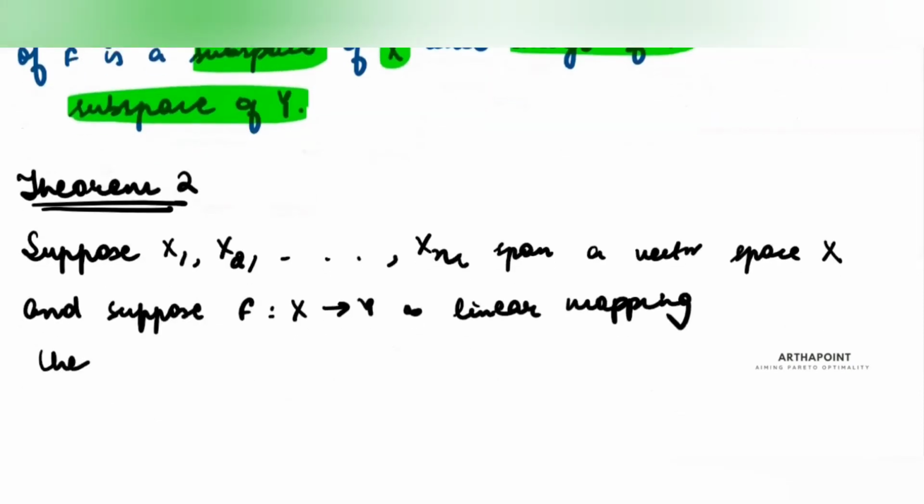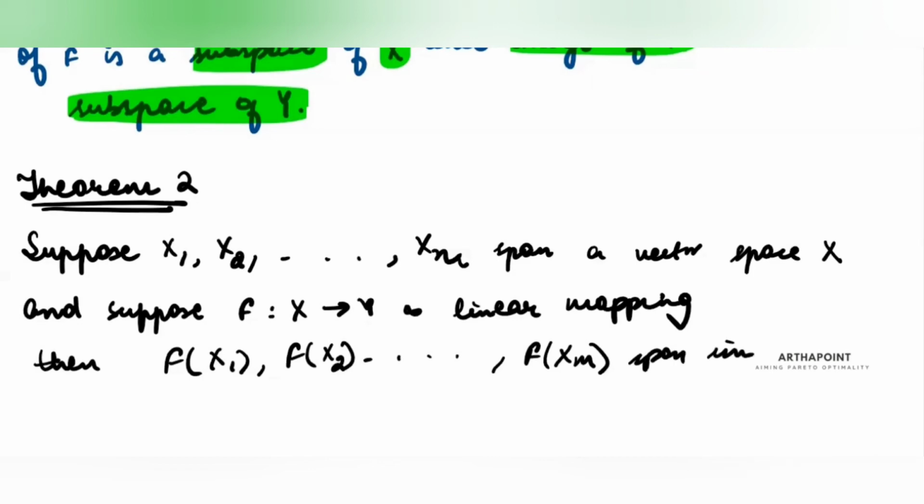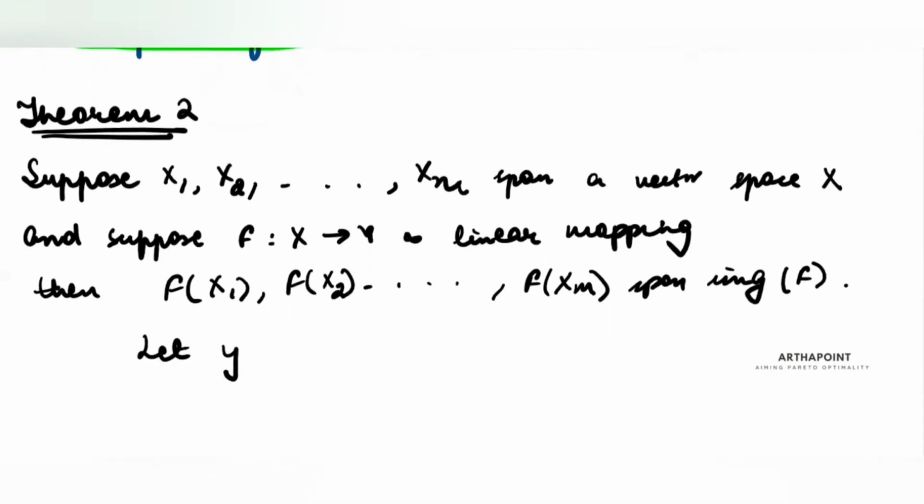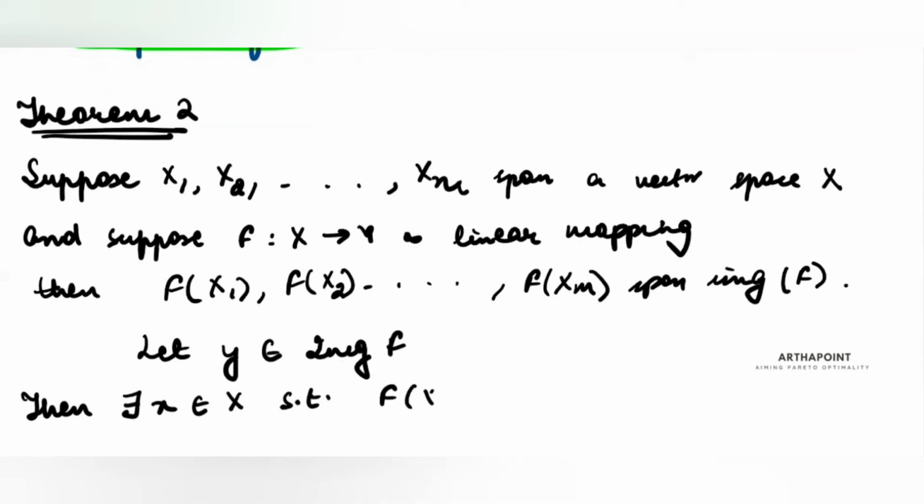Then f of x1, f of x2 till f of xm span the image of the function. Let y belong to the image of the function, then there exists x belonging to x such that f of x is equal to y.